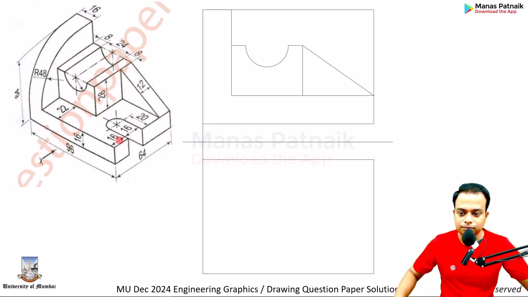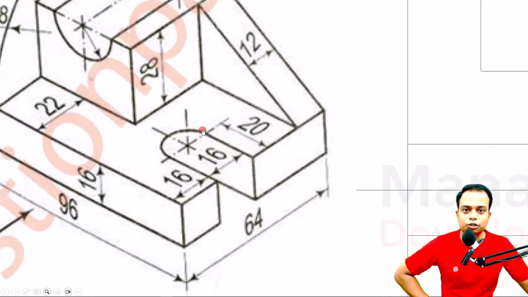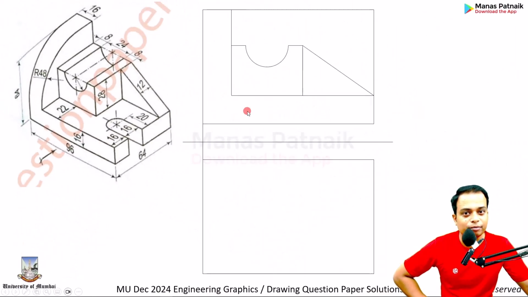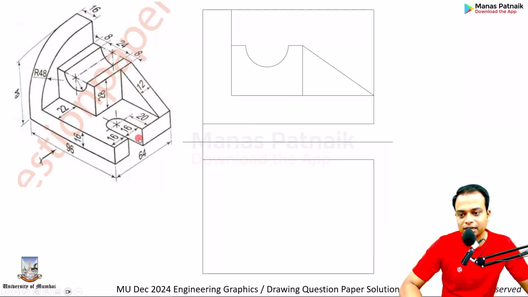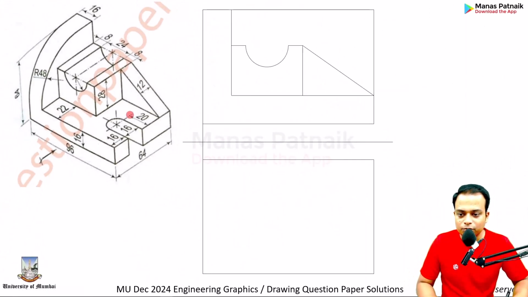If you watch, there is this circular portion over here. So we are viewing it from the front. It starts here. Okay. So if it starts over here, some information has to be given, it's a hidden feature. So there has got to be a dashed line. How far is this feature to the right? If you watch it, this is 20 plus this much.